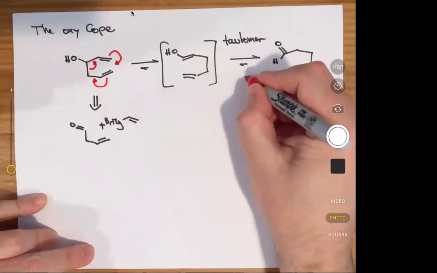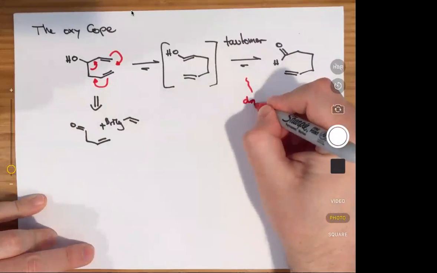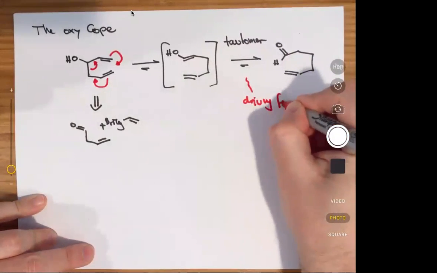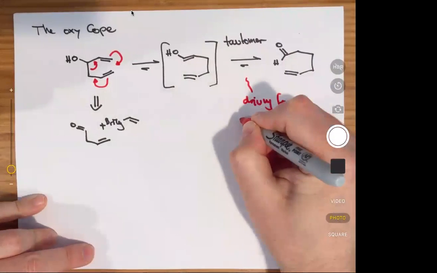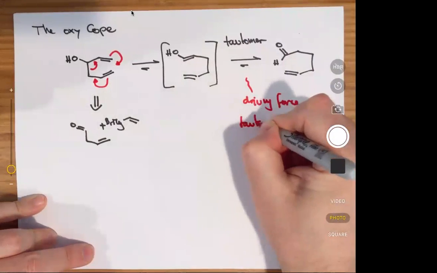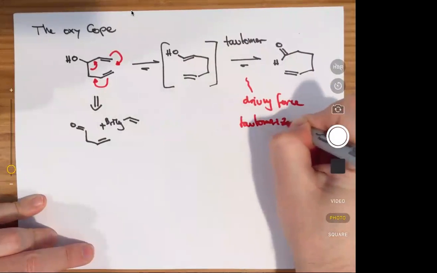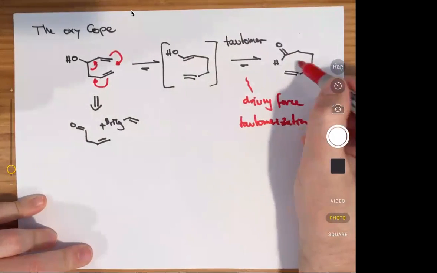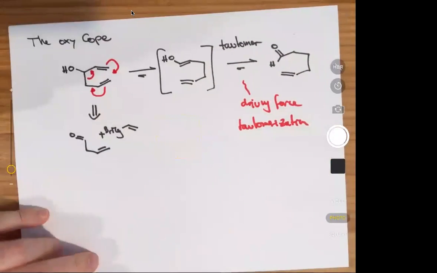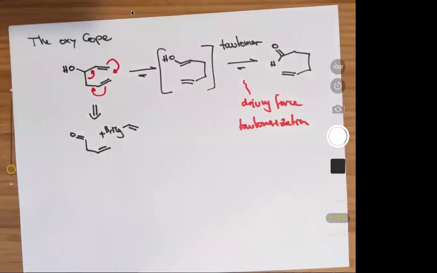So you can say driving force is the tautomerization. And this equilibrium lies far on the side of these products.